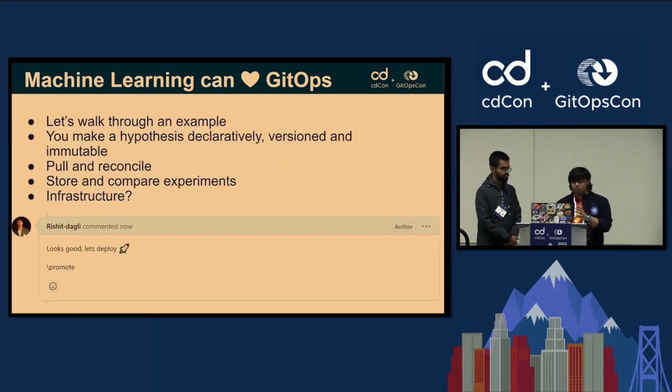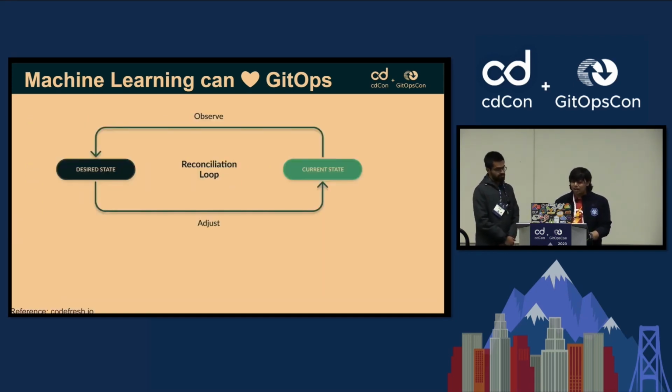By the way, all of this is open source, you can try it out. These are with tiny ImageNet. Of course, you can make it work for anything you want. And this also brings me to this really apt image from CodeFresh, and this talks about the entire GitOps loop. This might sound very familiar to most of you, since it's CDCon plus GitOpsCon.